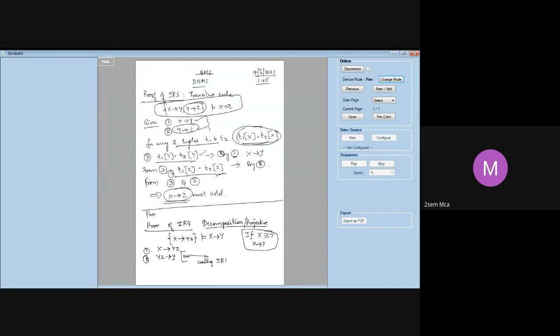I'm using IR1 and then writing this step yz determines y, because yz is a superset of y. If anything is a superset of y, then I can write it as x determines y. This is from IR1. I'm given x determines yz. I can write yz determines y. Why? Because I'm using IR1. What does IR1 state? If x is a superset of y, then I can write x determines y. If you look here, yz is a superset of y, is it not?